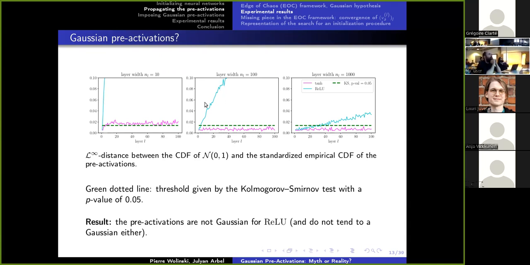If it goes far from 0, it's not Gaussian. So we have a problem even with tanh with very narrow networks, n equal to 10. But even with very wide neural networks, you still have a problem with ReLU. Even though we are making this heuristic thanks to the central limit theorem, even with very wide neural networks, n equal to 1000, you leave the Gaussian zone.